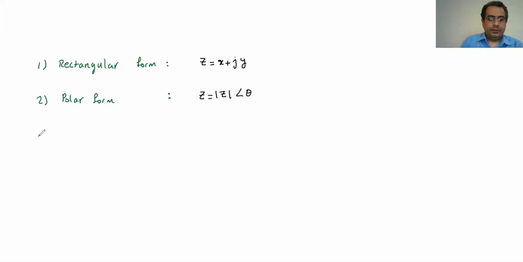Then I have the exponential form, which is going to tell me that z is going to be the magnitude of z e to the power of j theta. And the very last form is going to be in the form of cosine and sine form.